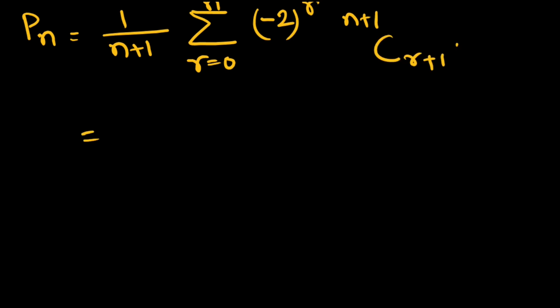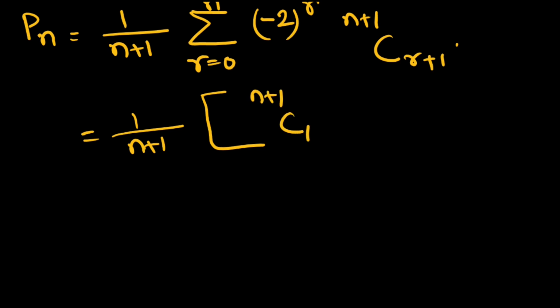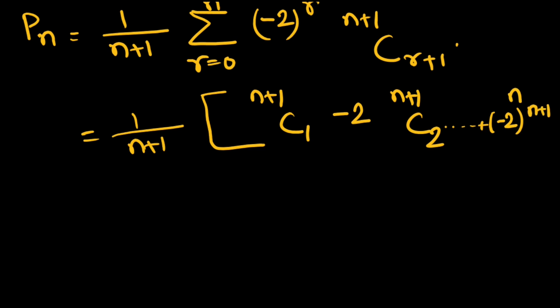Now we break this summation. If we put r is equal to 0, that gives 1 times n plus 1 C 1. If we put r is equal to 1, that is minus 2 times n plus 1 C 2 and so on, up to minus 2 to the power n times n plus 1 C n plus 1.